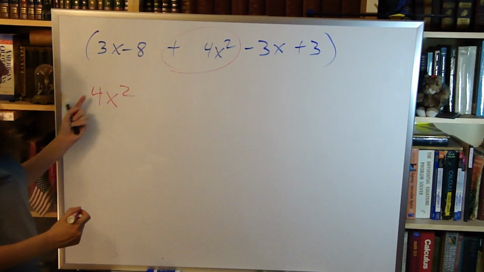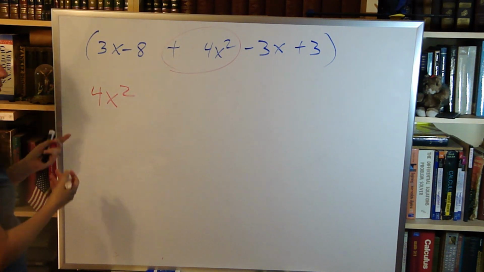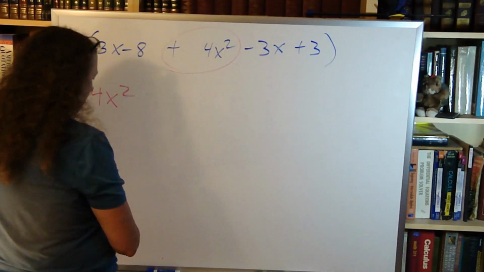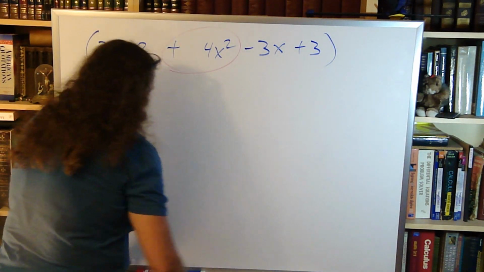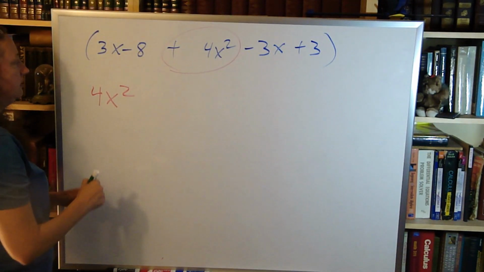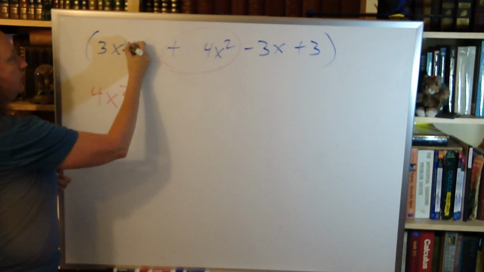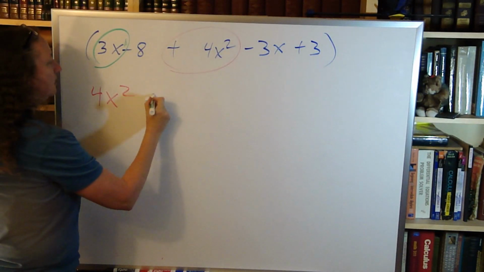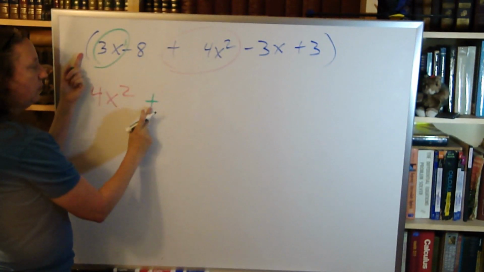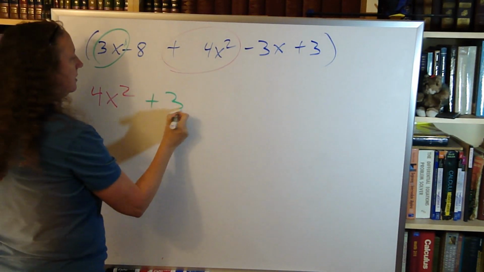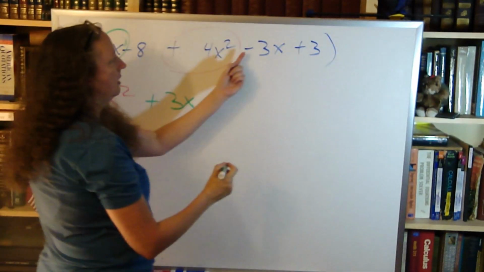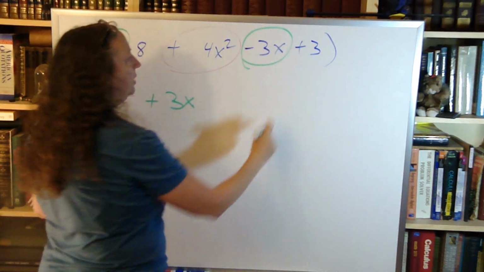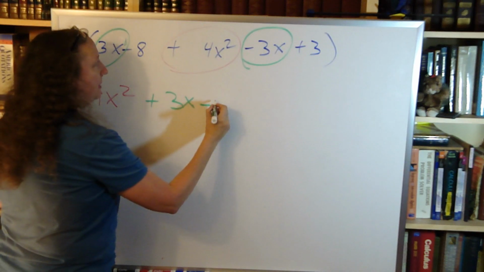It's plus, so we're going to assume positive. Don't need to write the positive. We then go to the next lower exponent. We have an understood 1 there, so I'm taking my 3x. It's a positive, so I assume a plus sign. And then I have another x term with no exponent, so I copy that down, minus 3x.